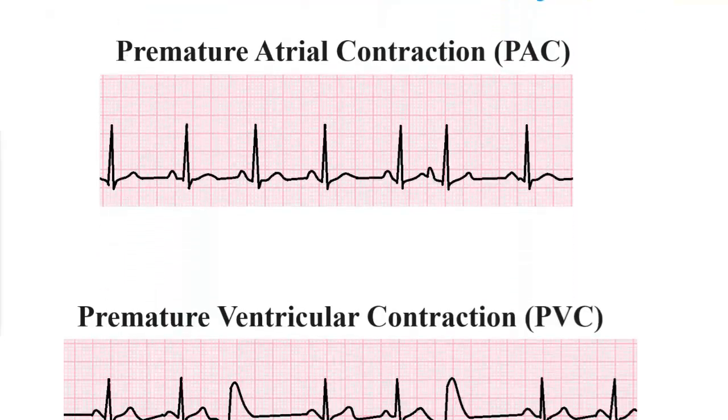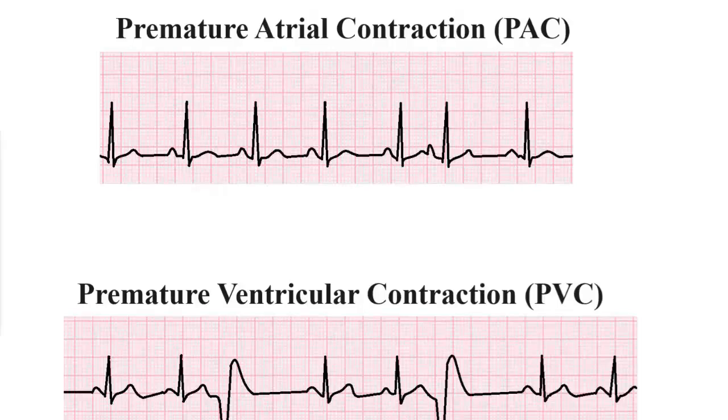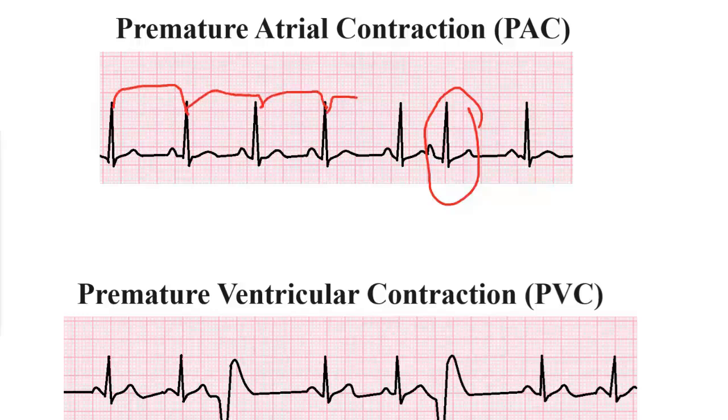And then moving on with the last two conditions, which are pretty straightforward. As the name implies, premature atrial contraction is because of the premature depolarization of the atrium, where there would be an extra heartbeat. So here you can see that we have a normal, regular heartbeat in this patient. If we go by the boxes here, 1, 2, 3, about 4 boxes apart is each heartbeat. So 300 divided by 4 is equal to 75 beats per minute.